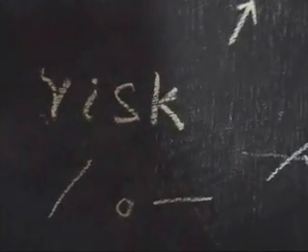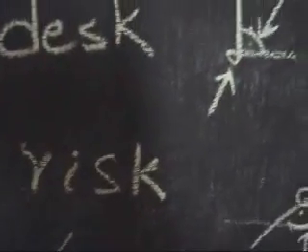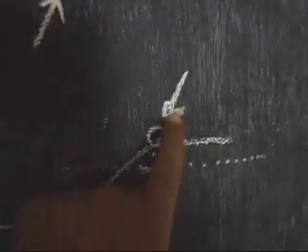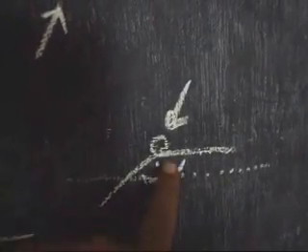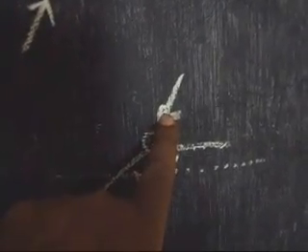Risk. Ray, circle, K. The circle is written outside the angle. This is the angle, that is outside.